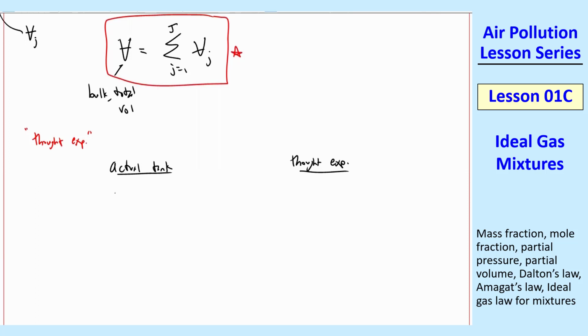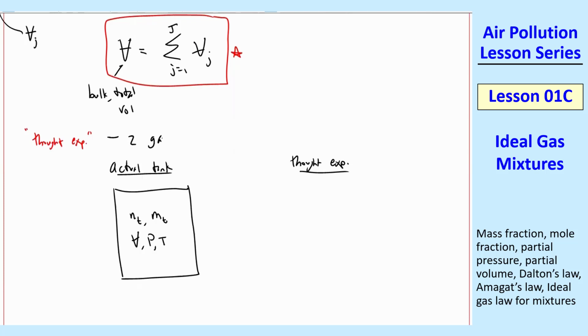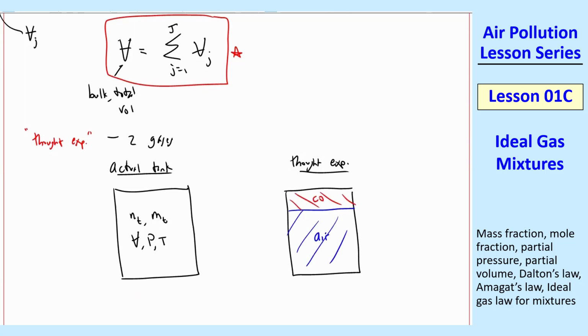These are the same thing, but here's my actual tank, and it has some NT, some MT, total number of moles, total mass, volume, pressure, temperature, etc. But suppose we have two gases, and they can be air and something else, something like carbon monoxide, like my example. Let's suppose that this much of the volume is air, and this much is carbon monoxide. By the way, generally we use 1 for the air.